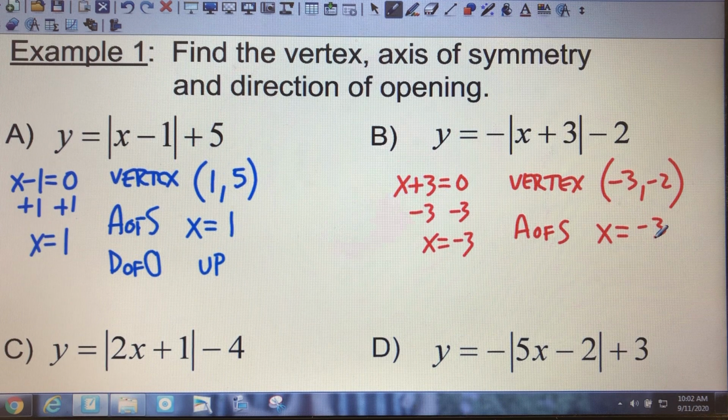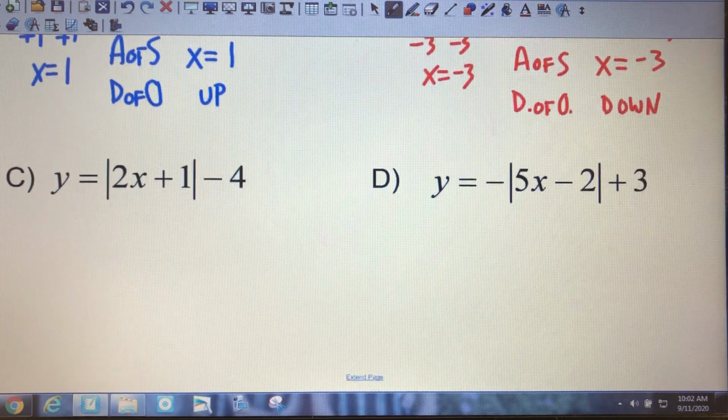Again, that's that line that goes right down the middle of your graph. And then the D of O here, direction of opening, see how we have the minus out front, so that's going to flip or reflect over the x-axis, so this opens down. Okay? So that was a basic one we did in Unit 1 as well.